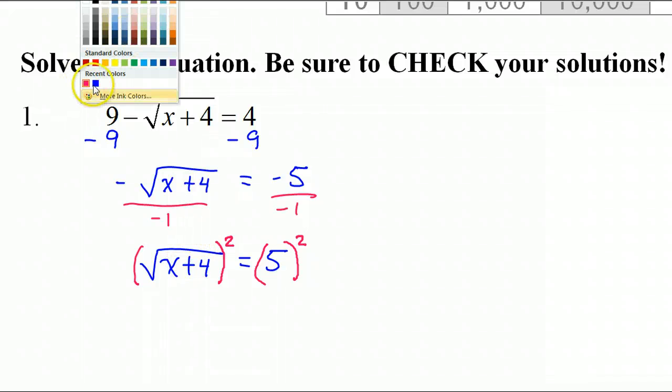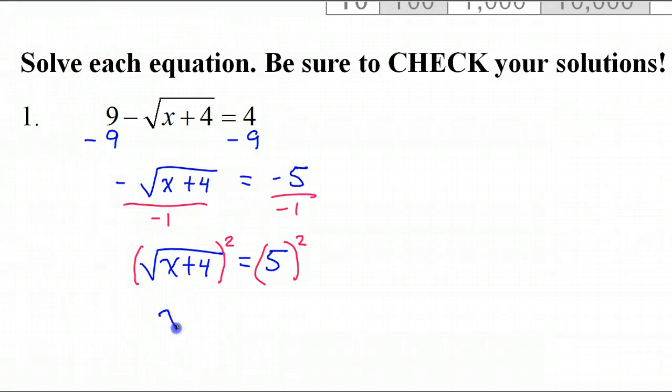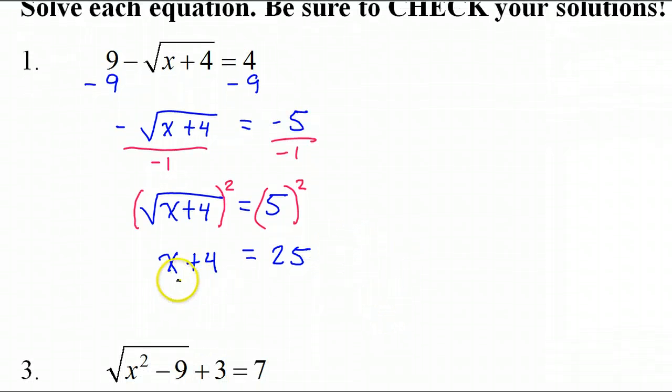So what I will have left is x plus 4 on the left side, no more radical. But 5 squared is 25. To get x by itself, of course, I'm just going to subtract 4 from both sides, and that will leave me with x equals 21.